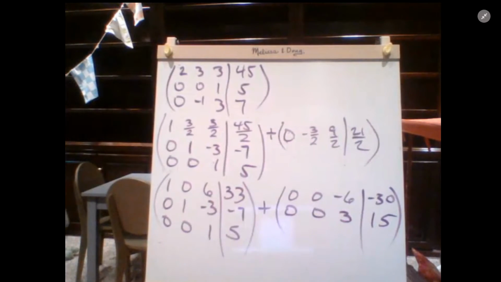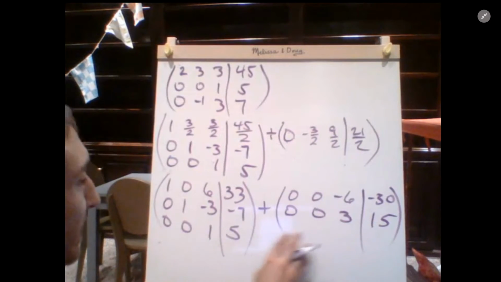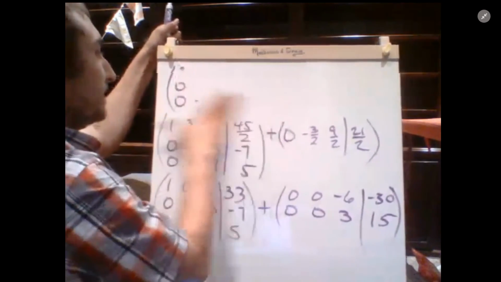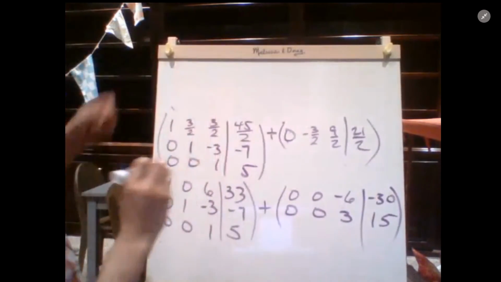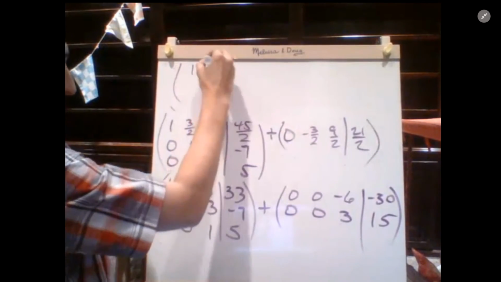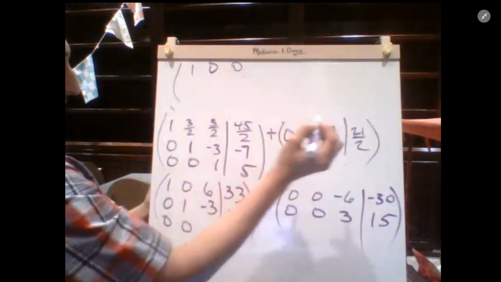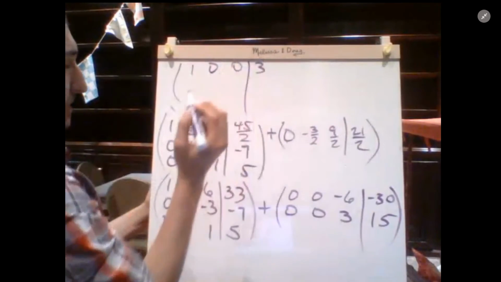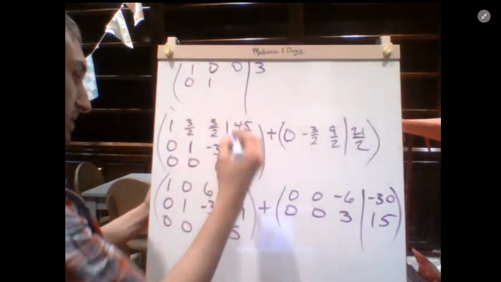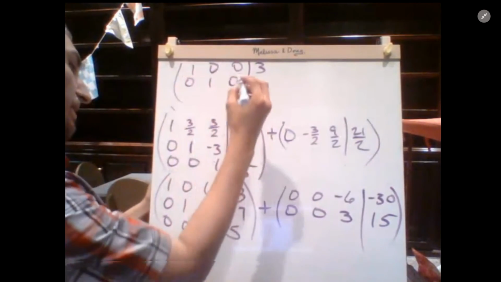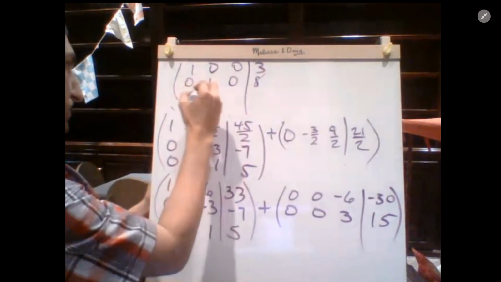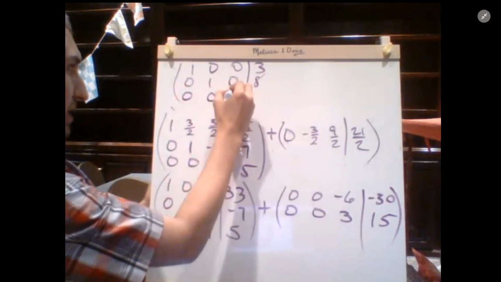So we need to add these two matrices together. So we're going to get 1, 0, 0, 3. We're going to get 0, 1, 0, and 8. Then the last line, we're just going to recopy: 0, 0, 1, 5.